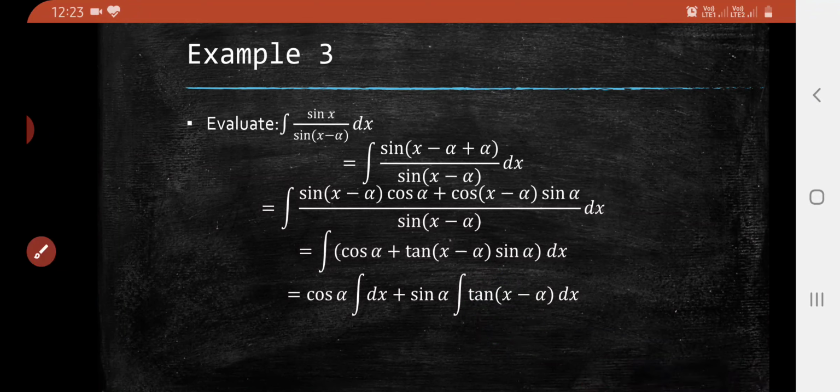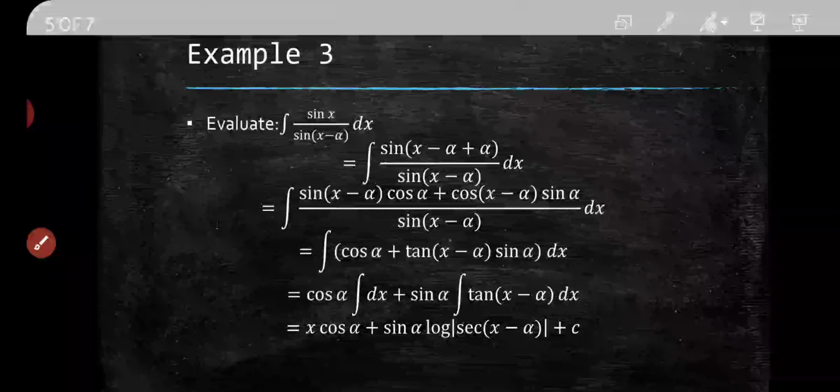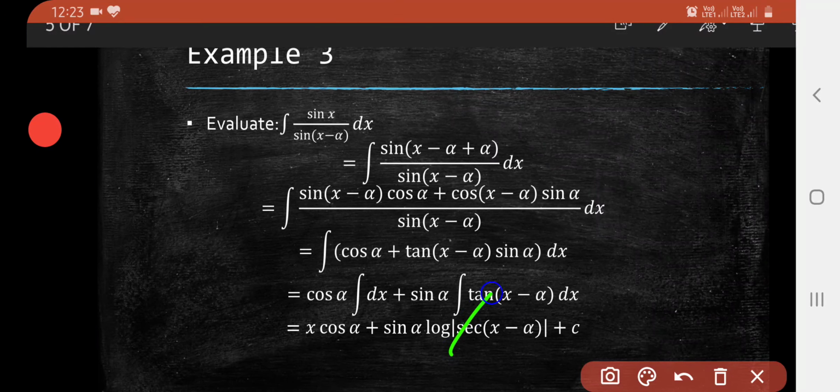Therefore once we do the integration, we have x cos alpha plus sin alpha into log of, again this should be sin of x minus alpha, because the integration of cot of x minus alpha is log of mod of sin of x minus alpha.